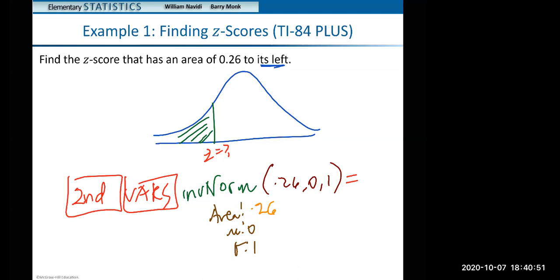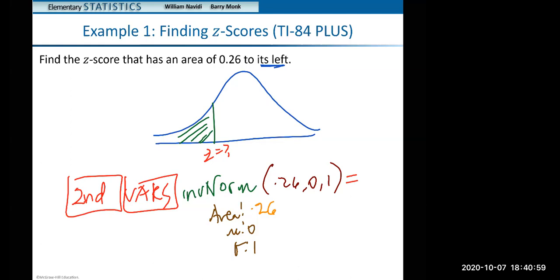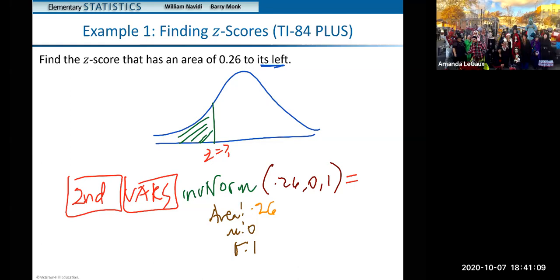Who else has tails? All right, what do you see again? Area, and then put 0.26, and then the 0 and the 1, and then tail: left, center, right.